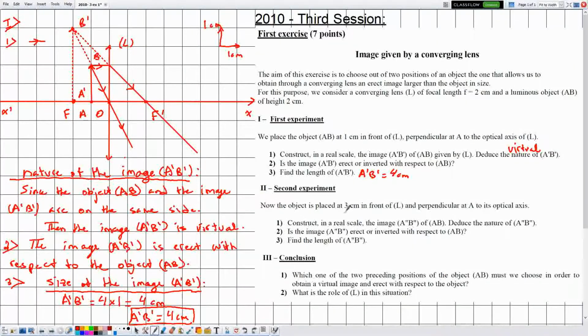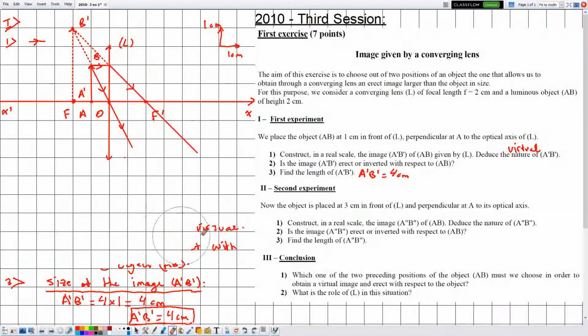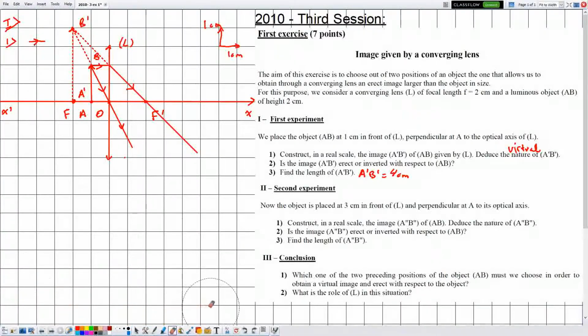Now the object is placed at 3 centimeter in front of L and perpendicular at A to its optical axis. Number 1.